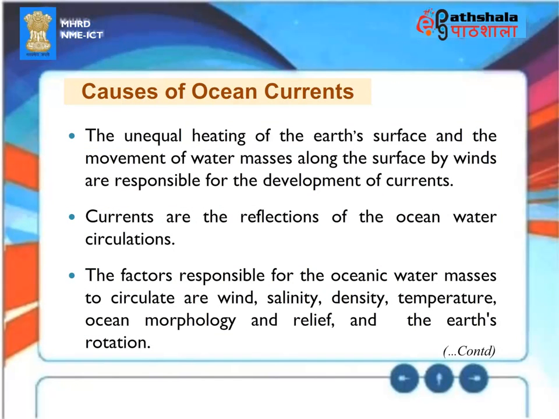Causes of ocean currents. The unequal heating of the Earth's surface and the movement of water masses along the surface by winds are responsible for the development of currents. Currents are the reflections of the ocean water circulations. The factors responsible for the oceanic water masses to circulate are wind, salinity, density, temperature, ocean morphology and relief, and the Earth's rotation.